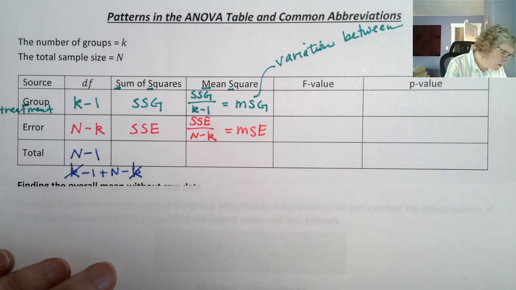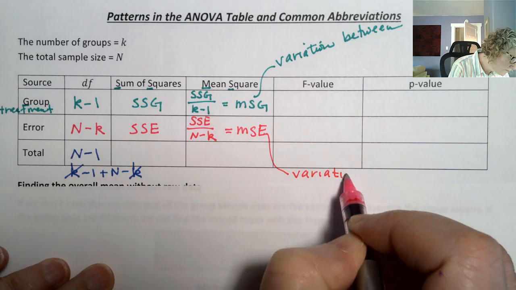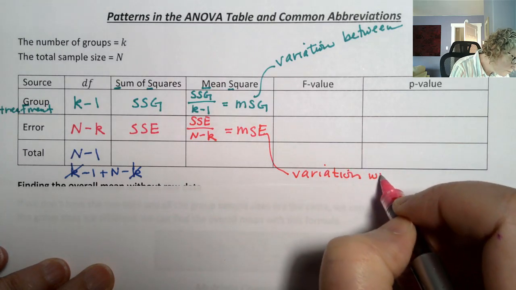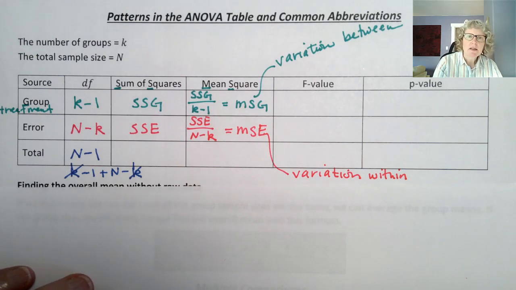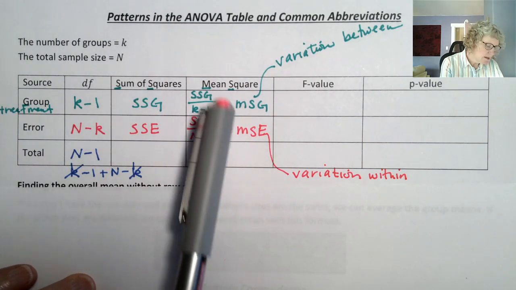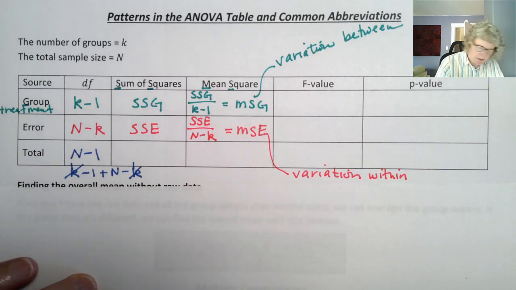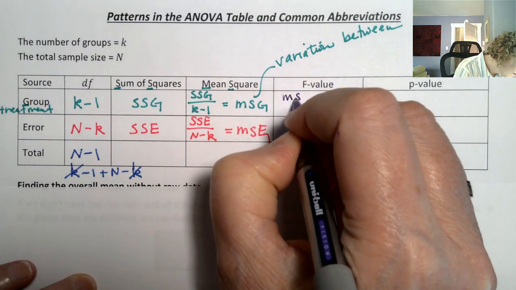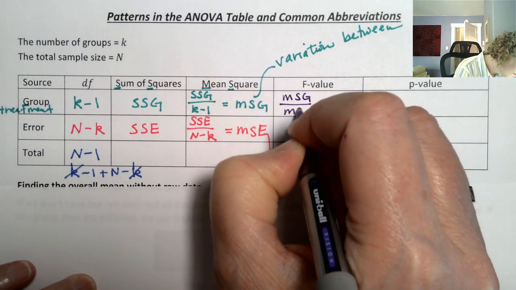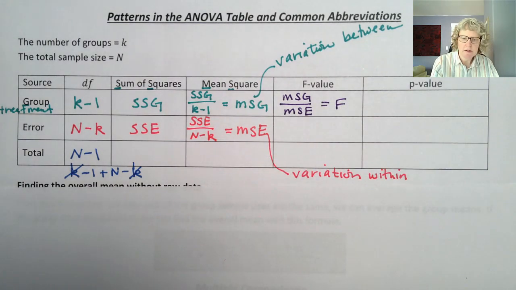And that's the variation within. Then we saw that we divided these two numbers, the MSG by the MSE, and that gives us the F statistic.